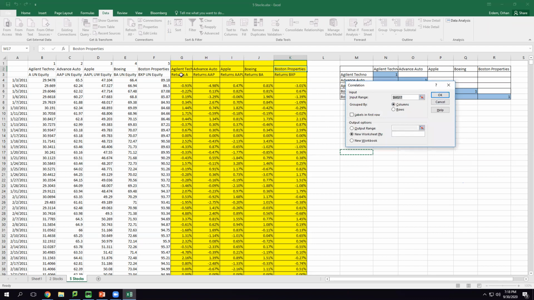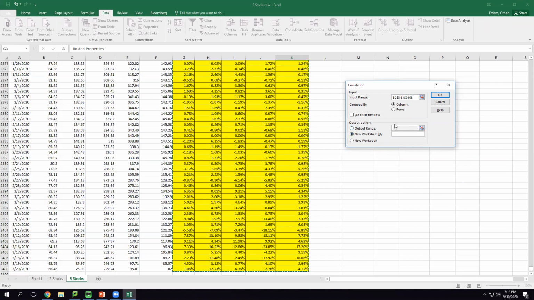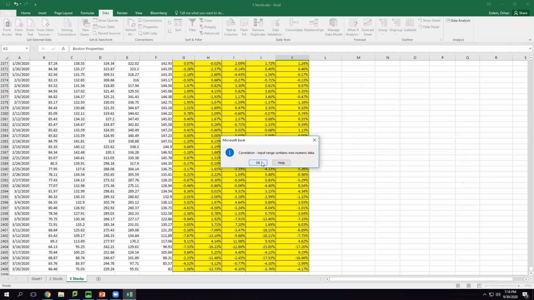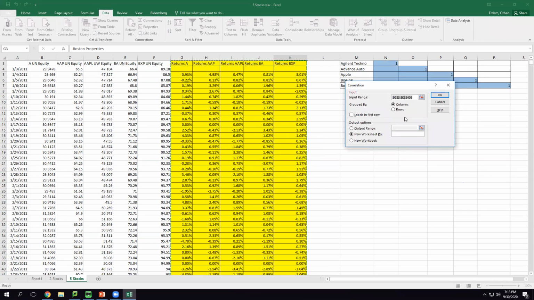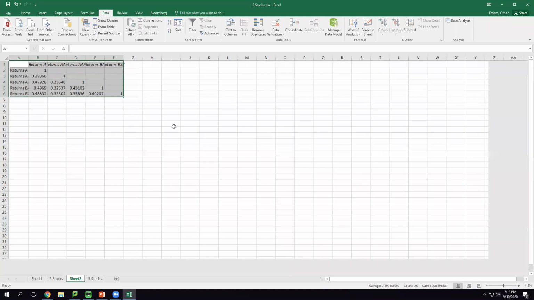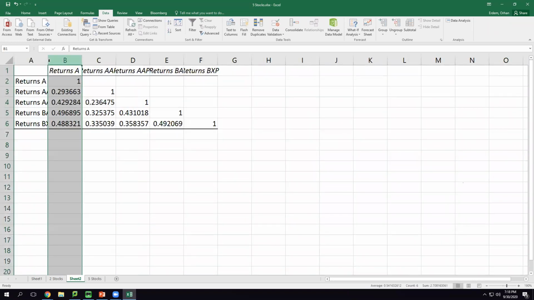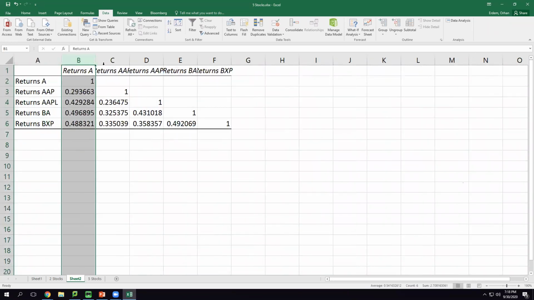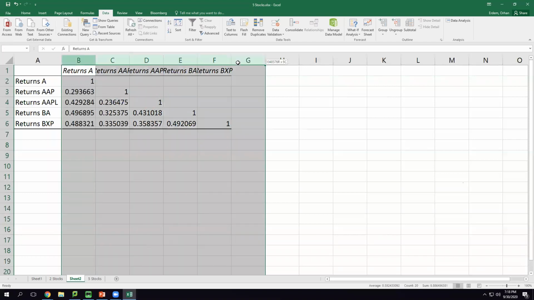Once again, I'm going to select these 5. Now, these are the returns. You see those, for example, the returns of Apple.